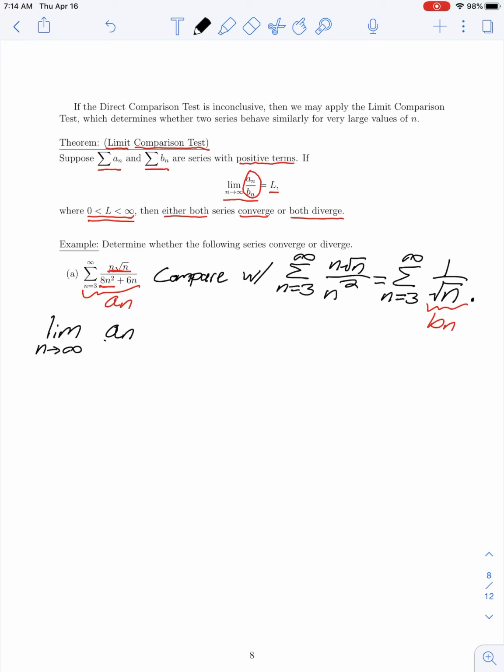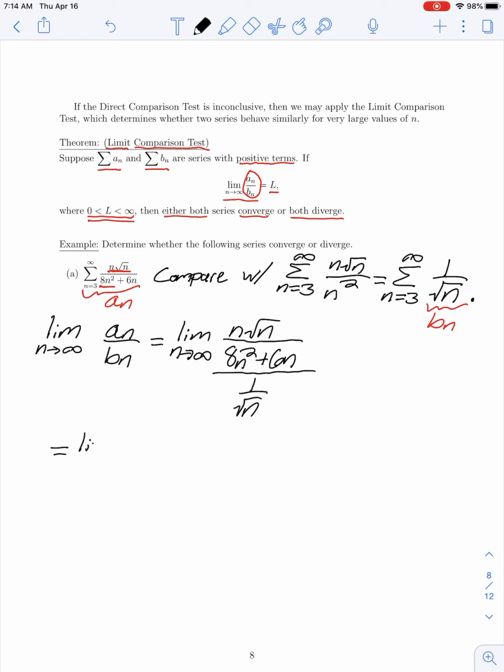So if we're looking at the limit of the ratio a sub n over b sub n, we have the limit as n approaches infinity of, well, a sub n was n square root of n divided by 8n squared plus 6n. And then we're dividing by b sub n, which is 1 over the square root of n. Now here, to divide fractions, we know that we're supposed to multiply by the reciprocal of the denominator.